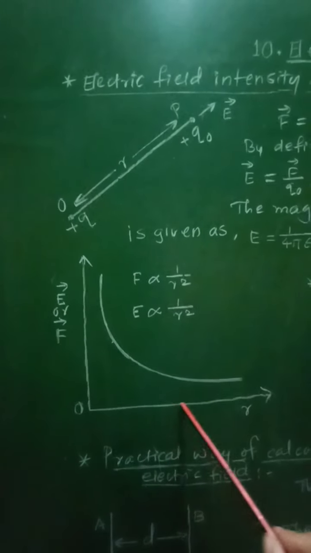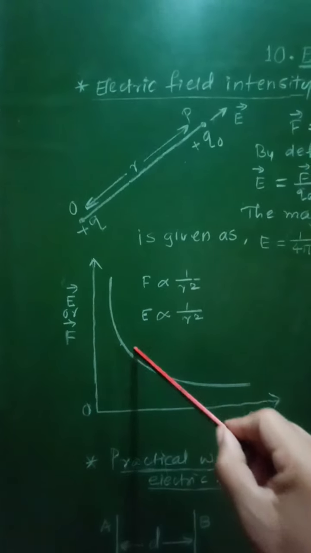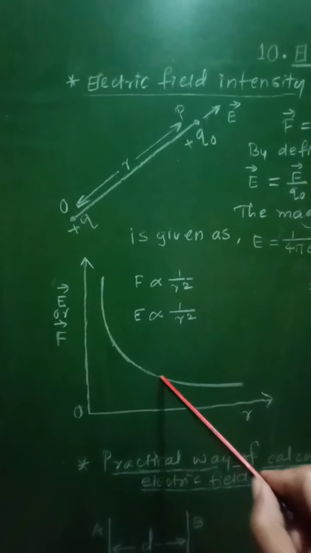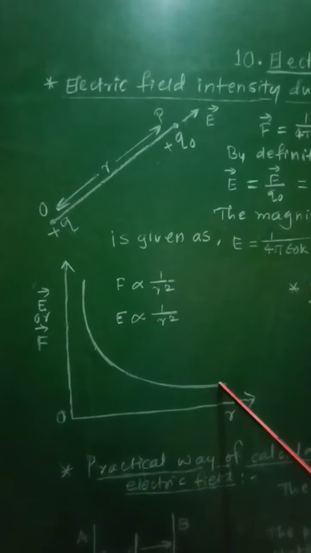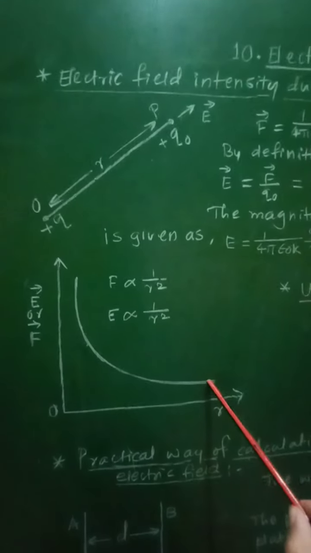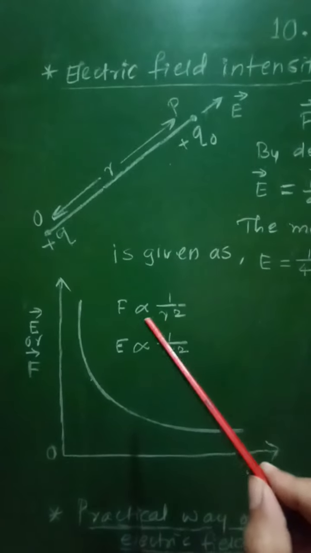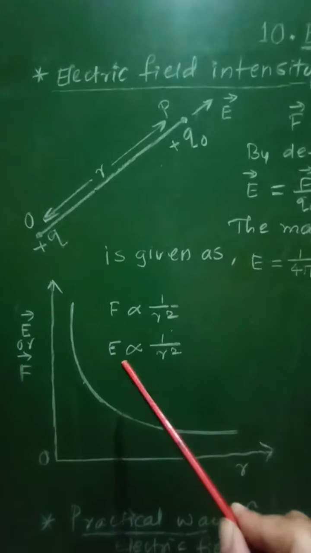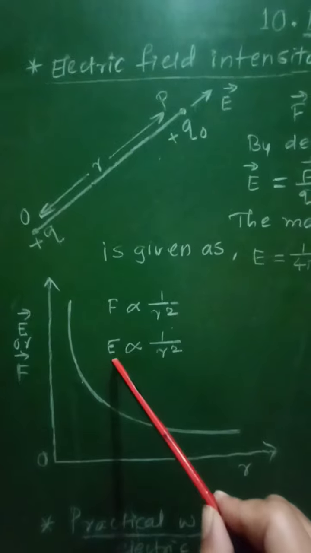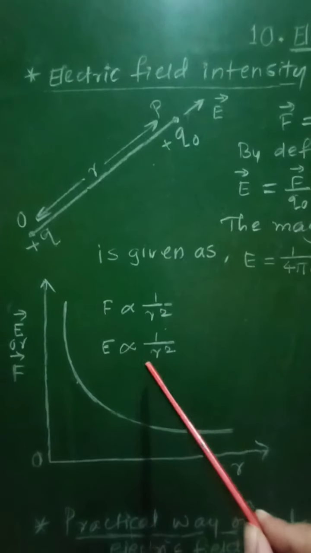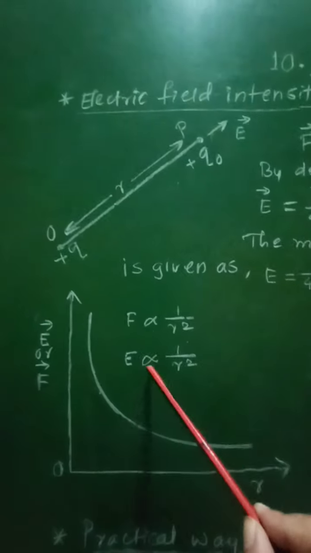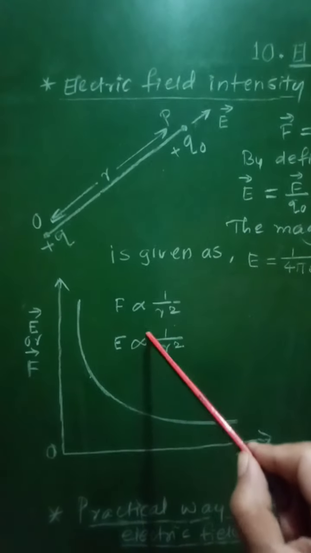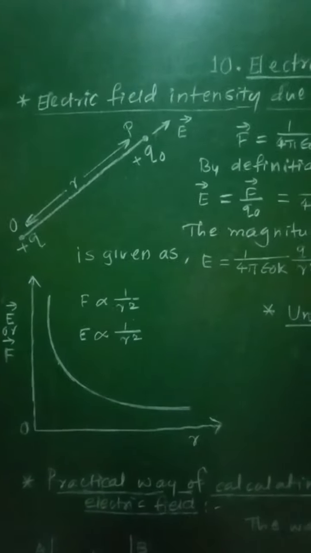As the distance goes on increasing, there will be a decrease in the electric field intensity or Coulomb force, and after some time it will remain nearly constant for larger distances. In this case the Coulomb force will be inversely proportional to r square, and the electric field intensity will also be inversely proportional to r square, that is both of them, force as well as electric field, will follow the inverse square law of distance.